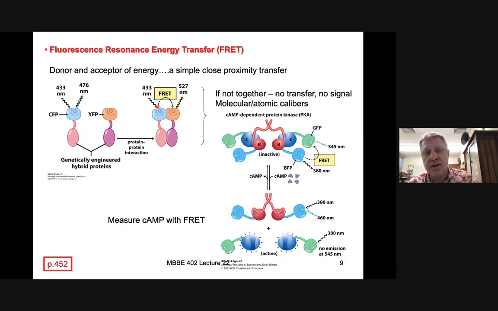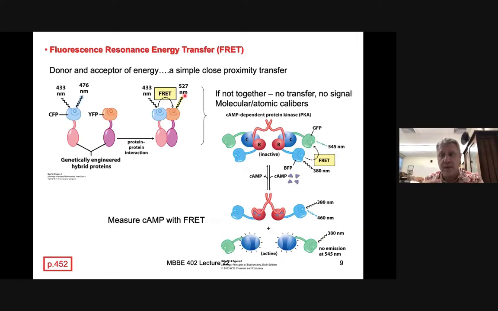Because what is going to happen is we're going to see an energy donation, because the yellow fluorescent protein absorption spectra is within the range of the CFP, and therefore we get an energy transfer, and we see a new emission of a new spectra, a new colorization at 527 nanometers, i.e. yellow.